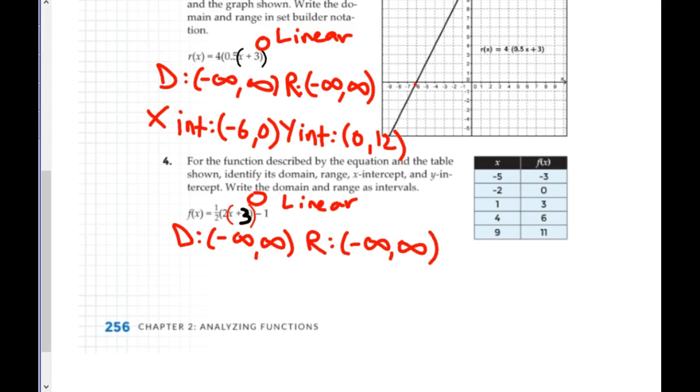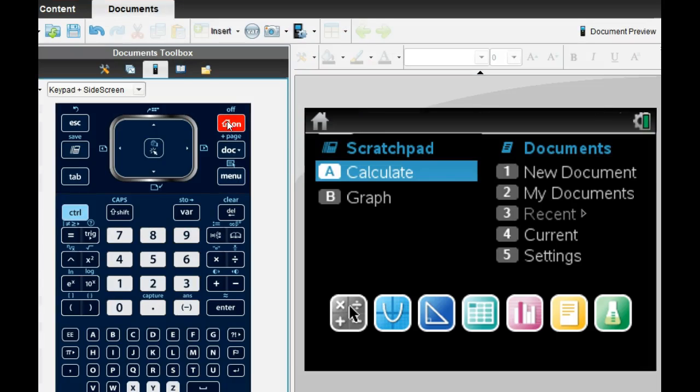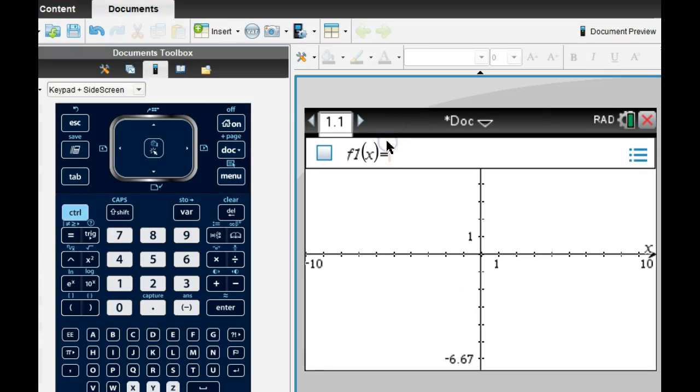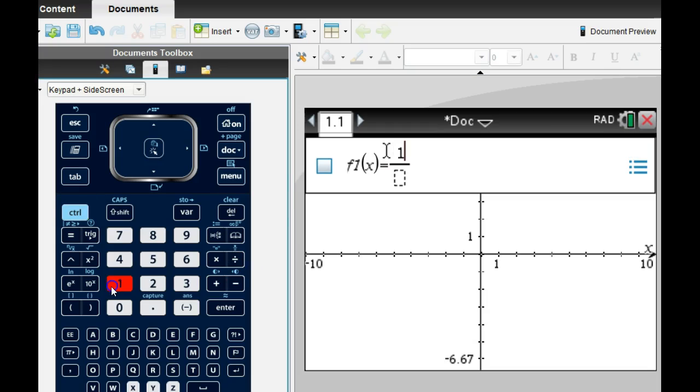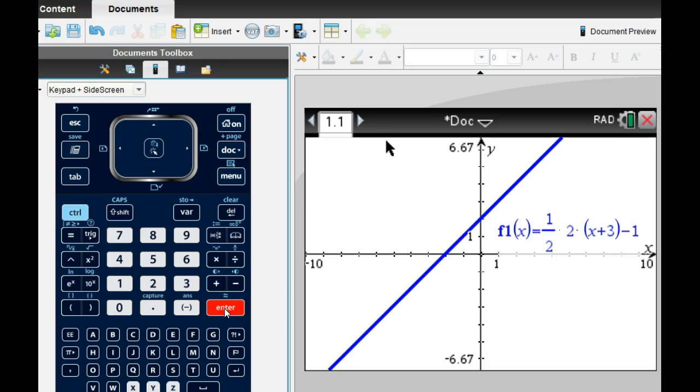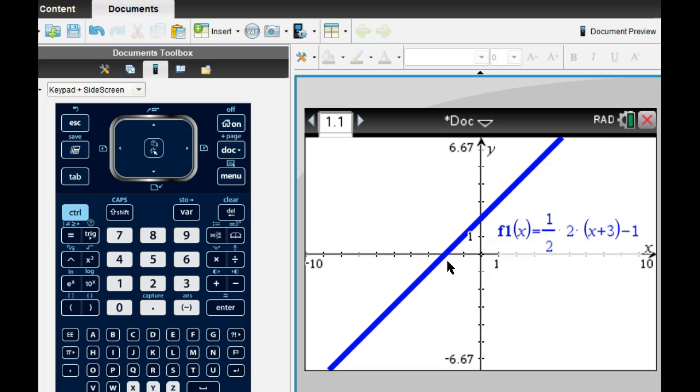X-intercept and y-intercept. So let's graph this thing so we can see the x and the y intercept. Let's type it in. Control divide. We need 1/2 in front. Parentheses 2 parentheses x plus 3 parentheses, parentheses minus 1. Now you can see the x-intercept is -2 and the y-intercept is +2.